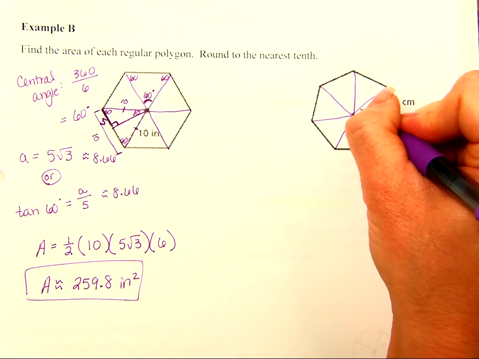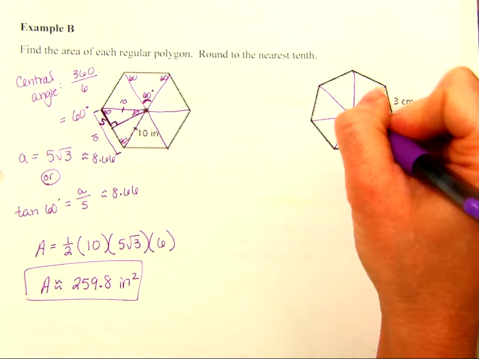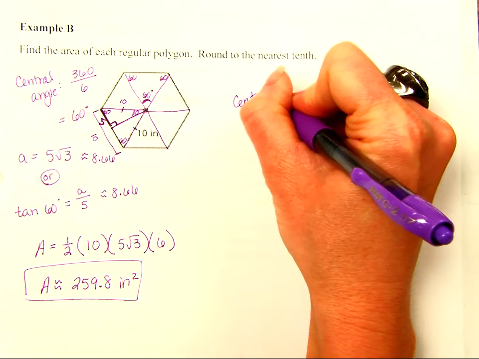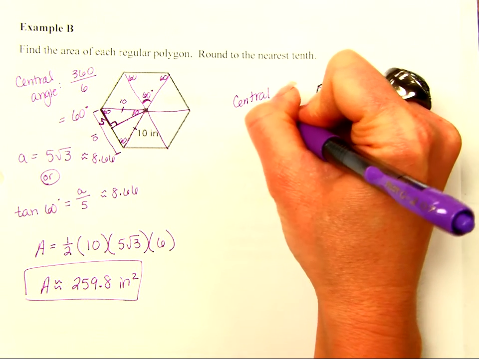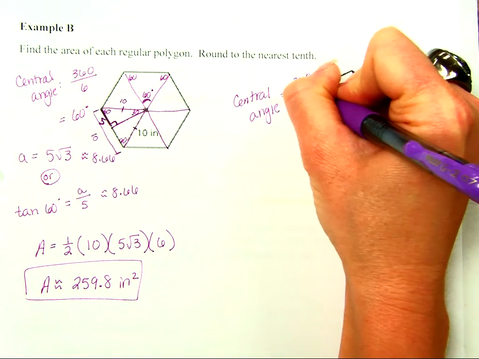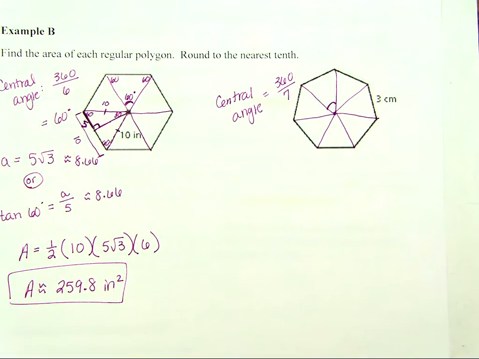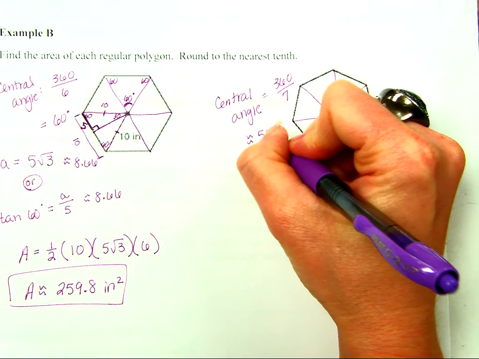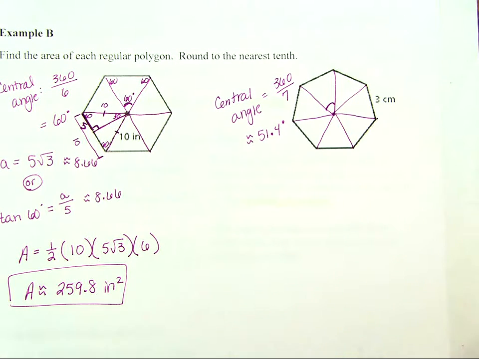And we're always going to think about finding our central angle. So here my central angle, I'm going to take 360 and divide by 7. In this case, we're going to have to round that central angle off, and we're going to say that central angle is about 51.4 degrees.